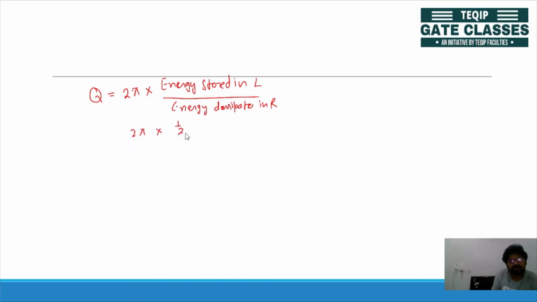We learned half L I square. Okay, and energy dissipated in resistor is simply I square R. So if we take the RMS value, means I maximum by root 2 whole square R, this is your power, and into T, power into time is your energy.